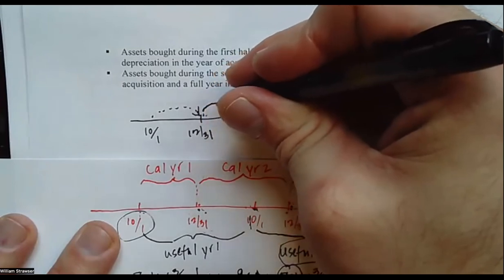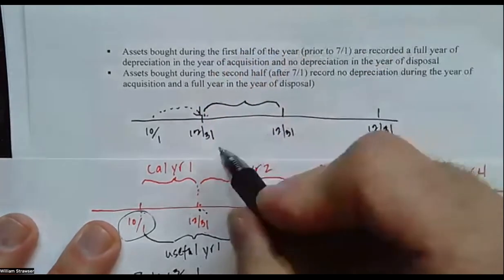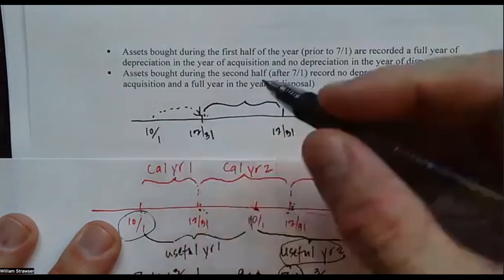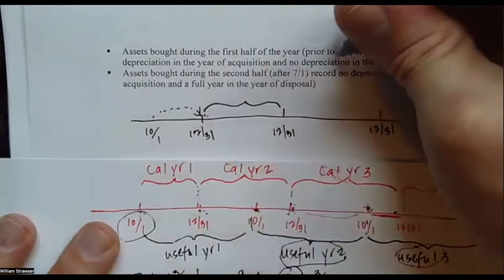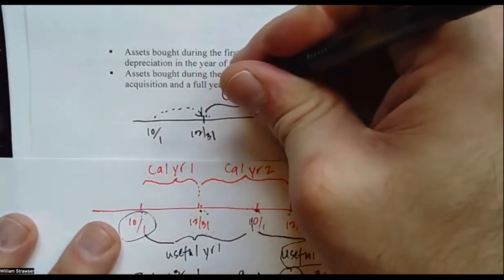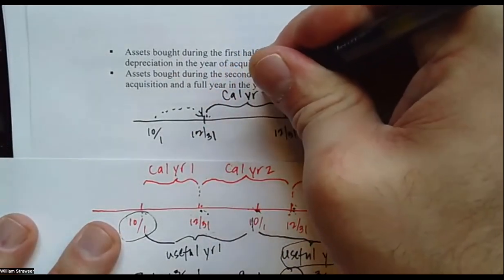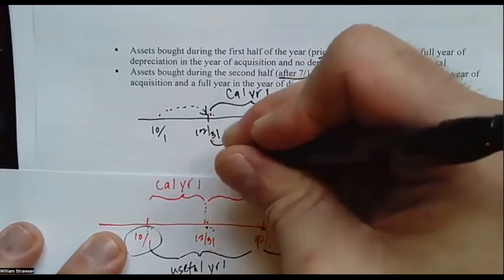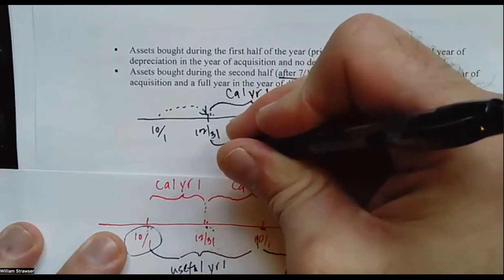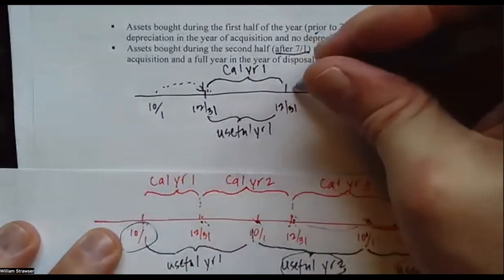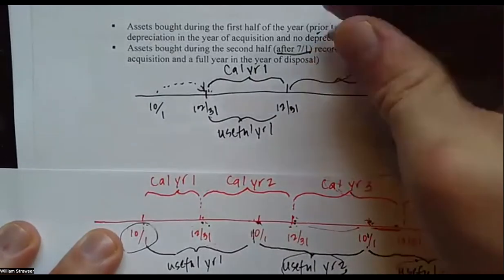So because we're pretending like we bought it at the end of the year, since it was bought in October, which is after 7/1, then this is calendar year 1. And this would be where I have my useful year 1 estimate. This is calendar year 2.